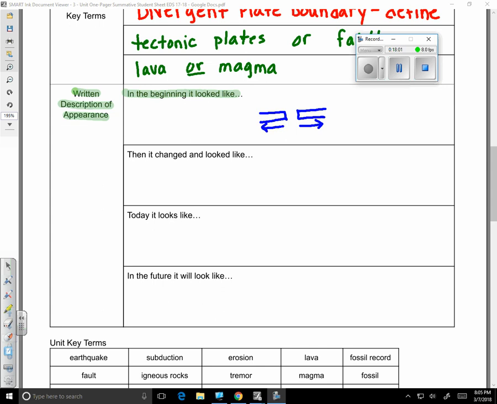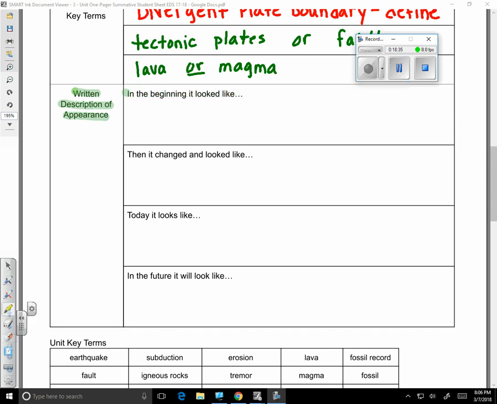Remember, you have magma that comes up, and as soon as it hits that water, it creates mountains, little mountains. So I want you to write a sentence about that in words. If you need more time, please pause this recording.